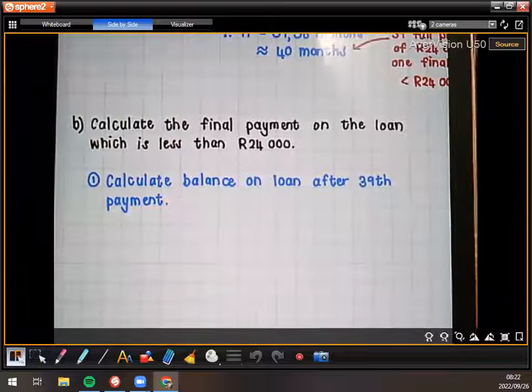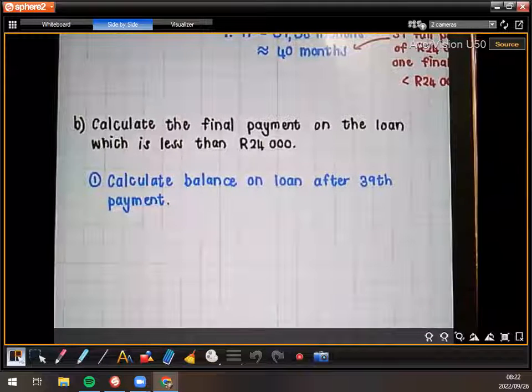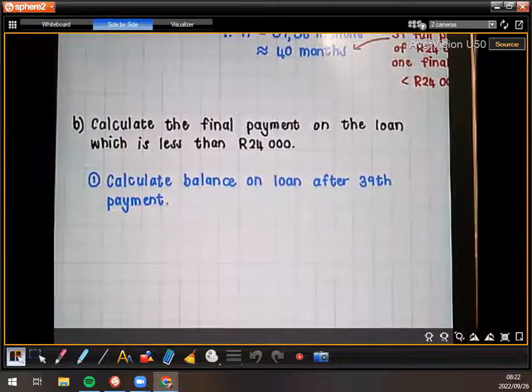So that is going to tell us how much this company actually still owes on the bus after they've made their last full payment, right? But are they going to pay that amount immediately? When are they going to pay that amount? At the end of that month, right? Or in a month's time. So once we have this balance, we're going to have to add 1 month's worth of interest to that amount still. Because they're owing a specific amount, they obviously have to pay back what they owe, but they're not going to pay it back immediately.